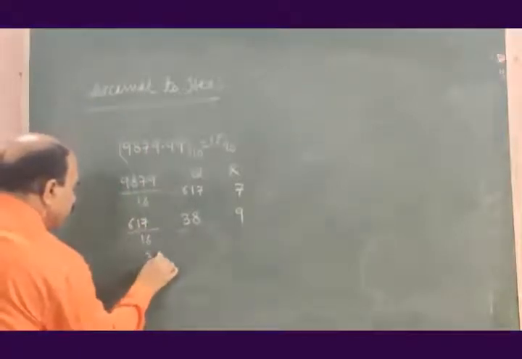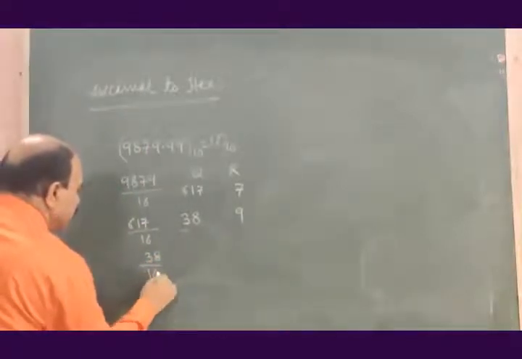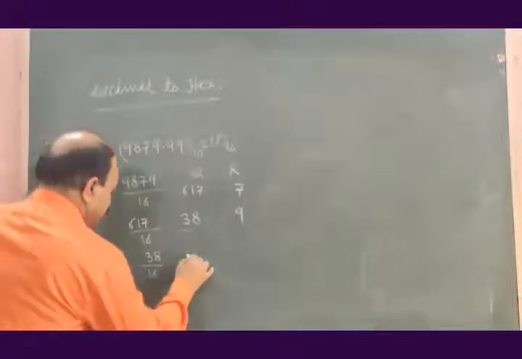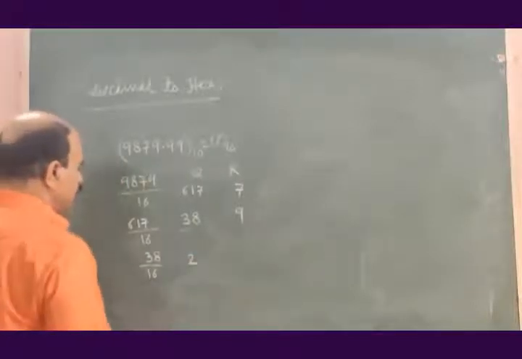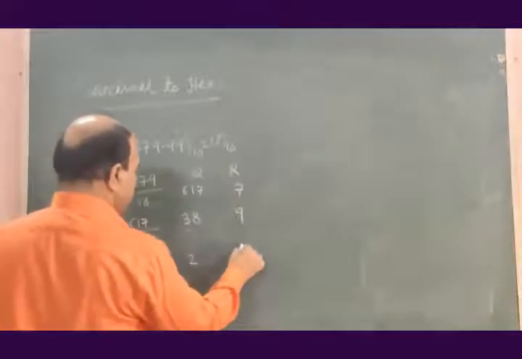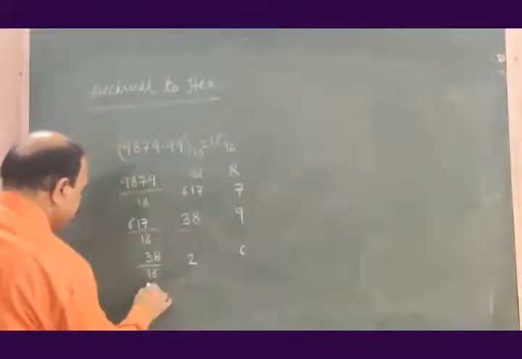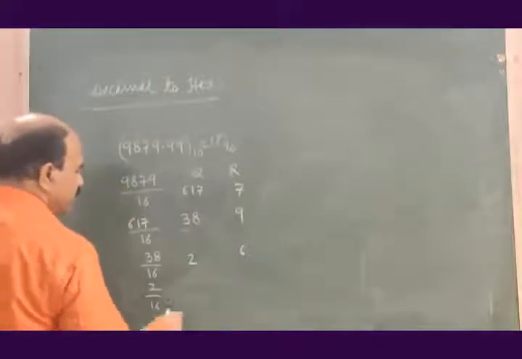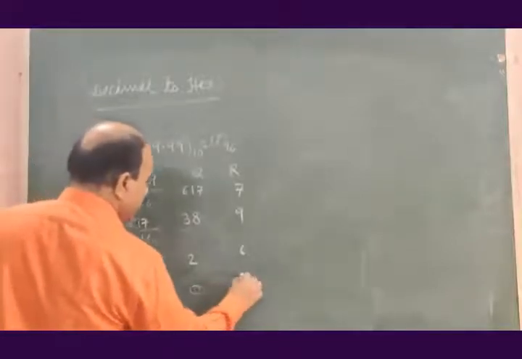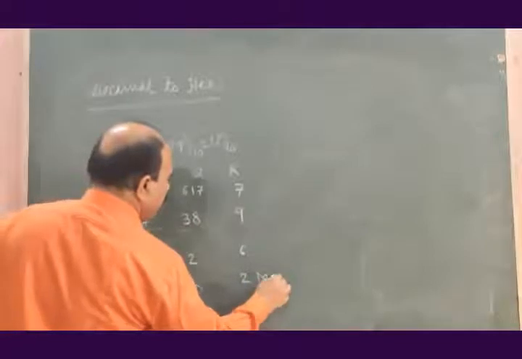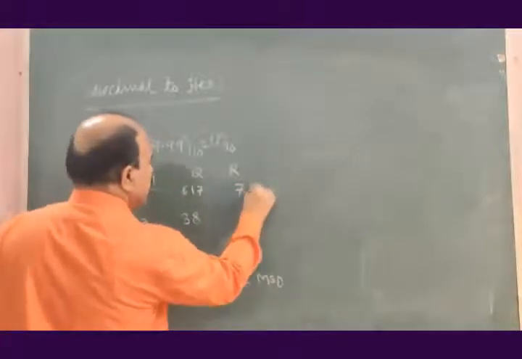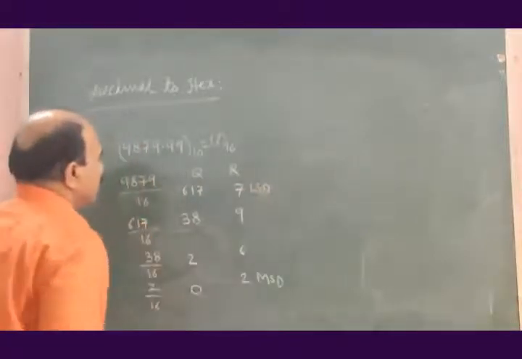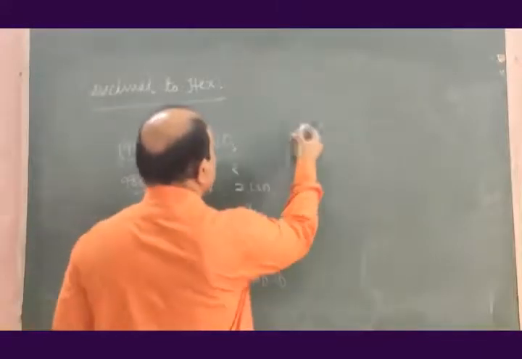Then 38 divided by 16. 16 2s are 32. Remainder 6. 2 divided by 16. Quotient 0, remainder 2. MSD, LSD. Now go for the fractional part.